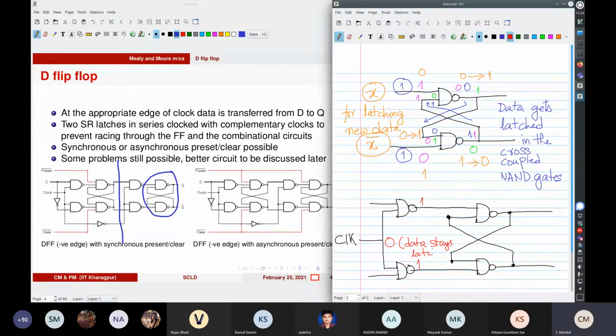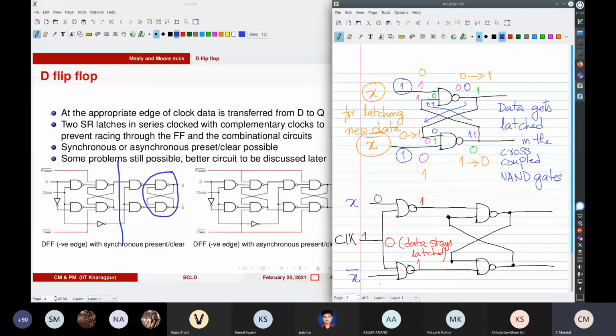All right. And if the clock is 1, then as you can see, if you have a 0 here, so we are applying X and X bar.